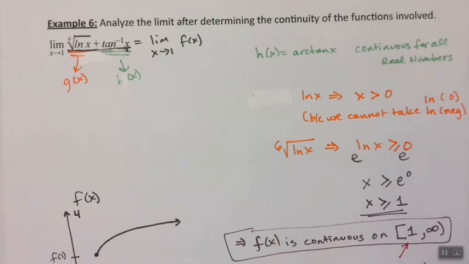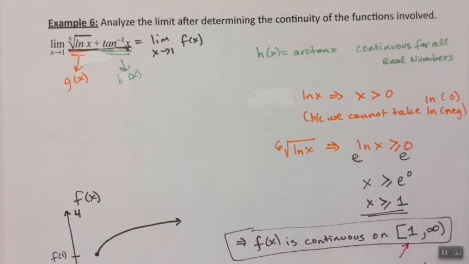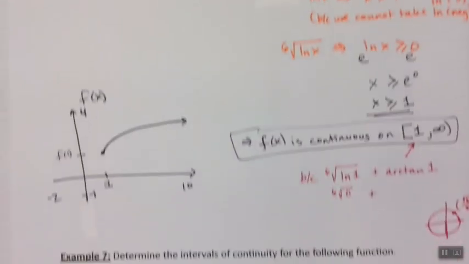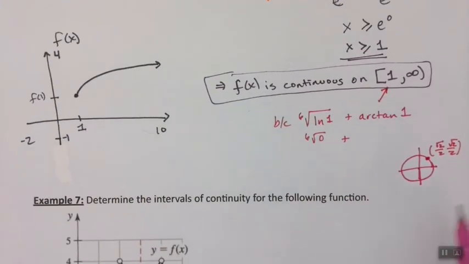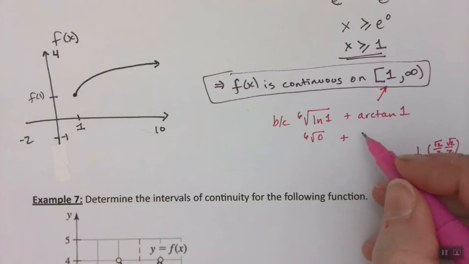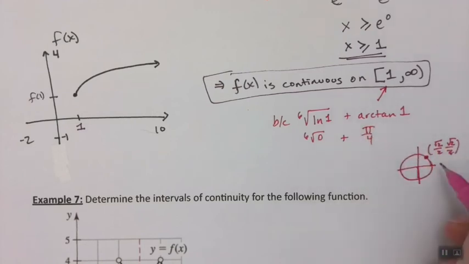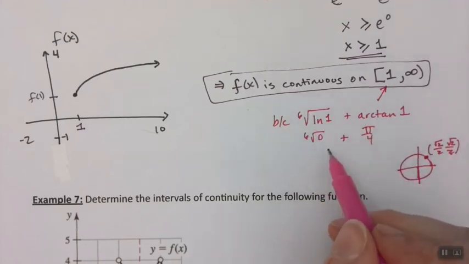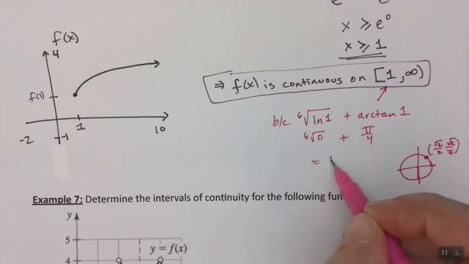So the sine and the cosine have to be the same, which would be pi over 4, right? Because pi over 4 has square root of 2 over 2 in the cosine and the sine. And so when you take the tangent, it's the same number divided by itself. Therefore, it's got to be the angle, which is pi over 4, that creates that. But the sixth root of 0 is 0, so this is just pi over 4.